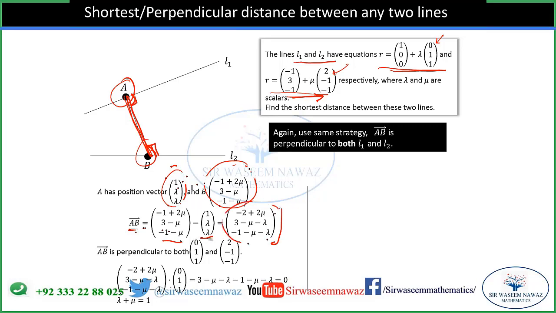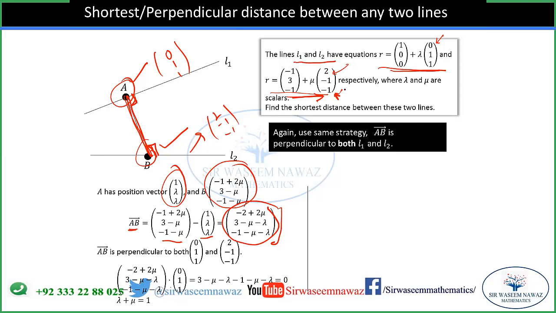Now this vector is perpendicular to A and B both. What was the direction vector of this one? That was 0, 1, 1. And what was the direction vector of the second line? That was 2, minus 1, 1.